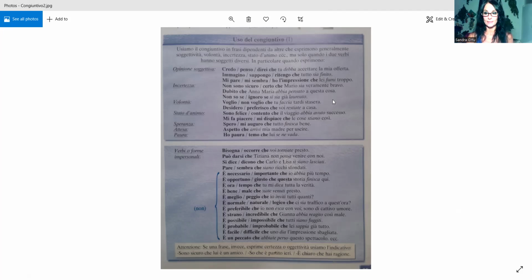I don't want to spend a long time reading all these sentences. I just want to give you the list. However, you can take a screenshot maybe, so you have the whole image.